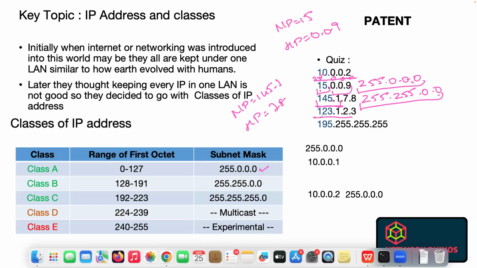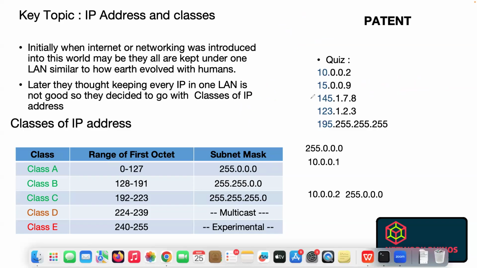So let's try the last one. You do this and give me the answer. In 123, tell me which is the network portion and which is the host portion. Is it class B? Class C? Decide first.